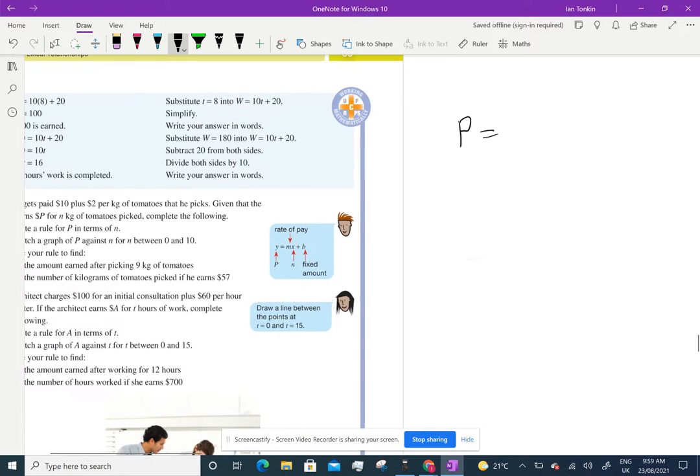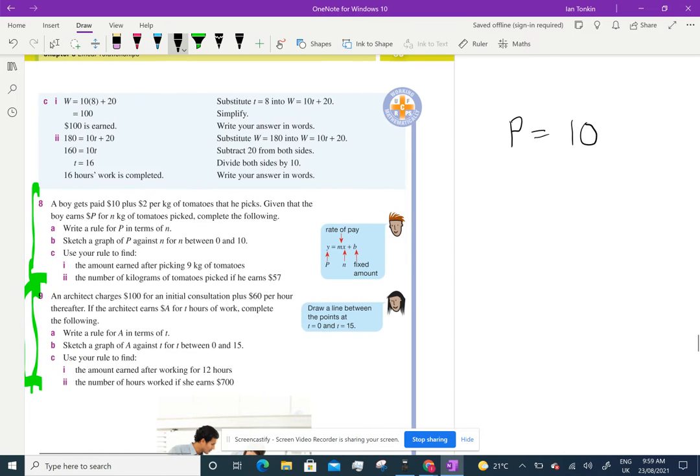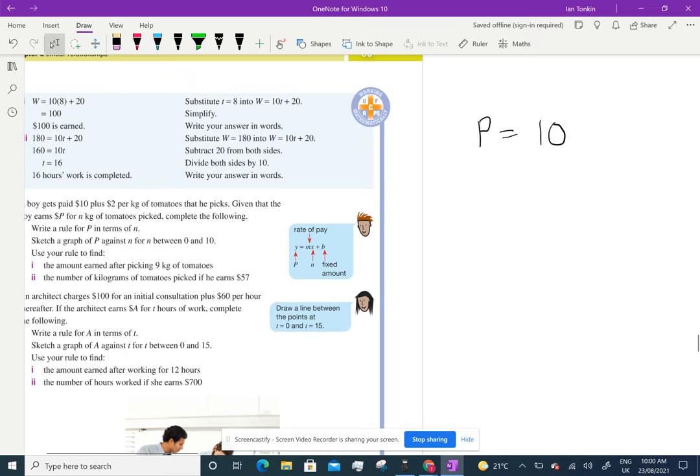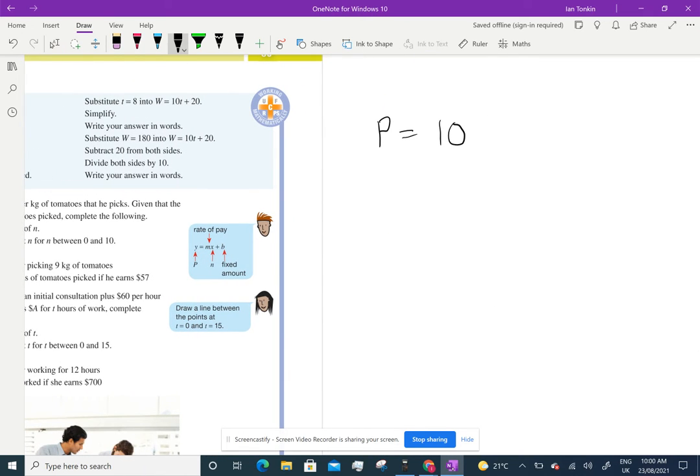Well, he gets paid $10, no, he doesn't get $10 an hour, he just gets $10 for coming to work, then $2 for every kilogram of tomatoes. So it's 2 times the number of kilos of tomato, 2n.